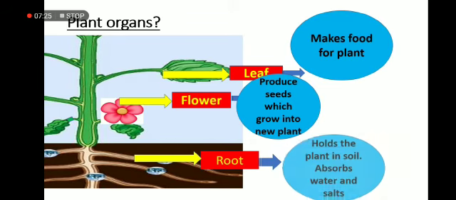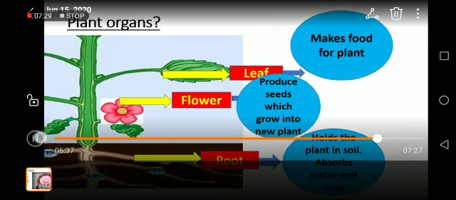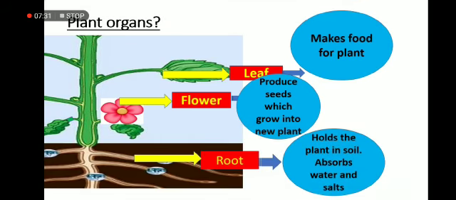What is its function? It helps to produce seeds which grow into a new plant. You know, students, when you sow some seeds into the soil and after a few days you see a new plant generating, it is the flower which produces these seeds, and that seed grows into a new plant. So this is the function of the flower.